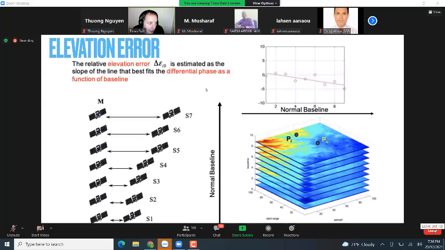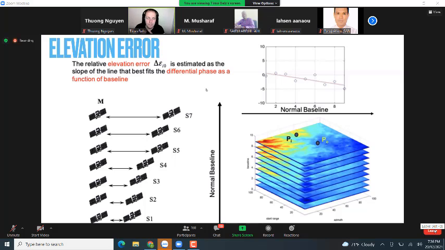Okay, so elevation error. We have a DEM error. Again, we remove the topographic phase estimated from the DEM, but it's not going to be perfect; there's going to be an error.